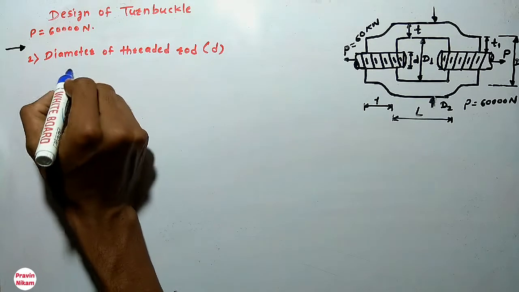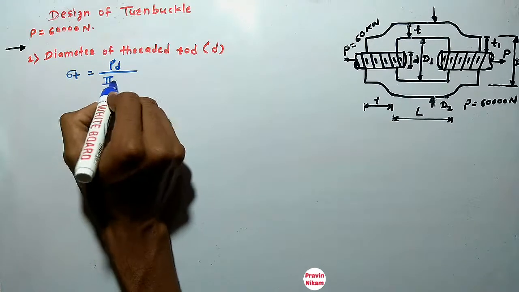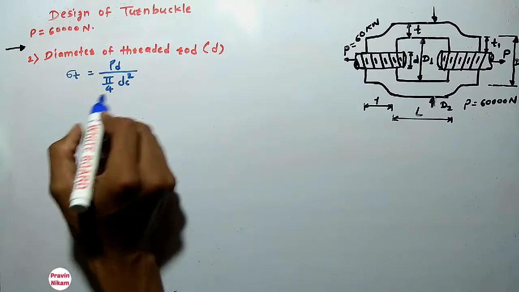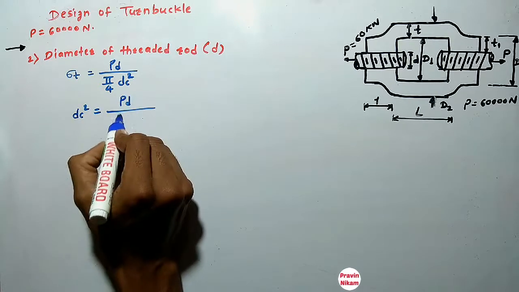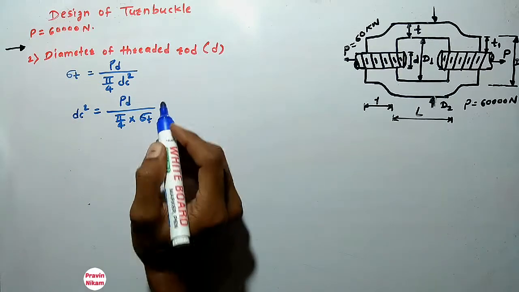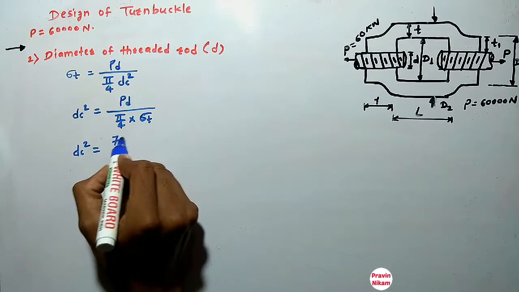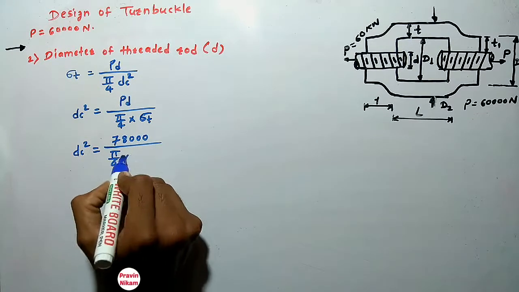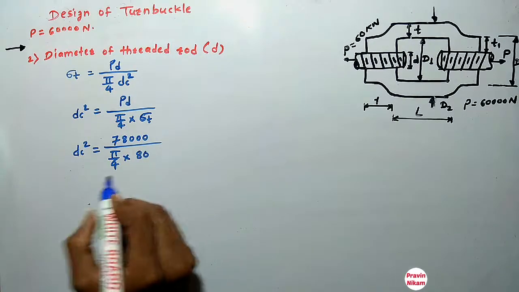For DC we know that sigma T is equal to PD divided by pi by 4 DC square. So DC square is equal to PD divided by pi by 4 into sigma T. This is simple mathematics. So DC square is equal to 78,000 divided by pi by 4 into sigma T for the threaded rod, that is tie rod, which is 80.